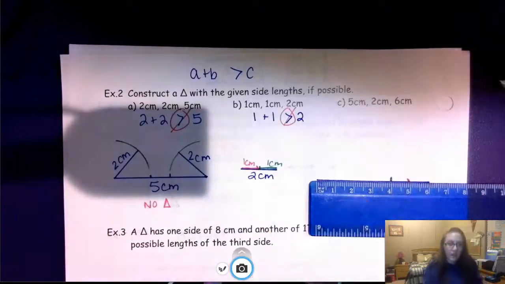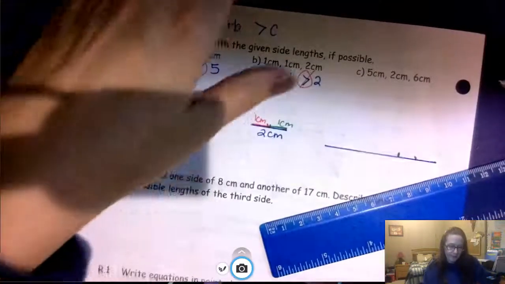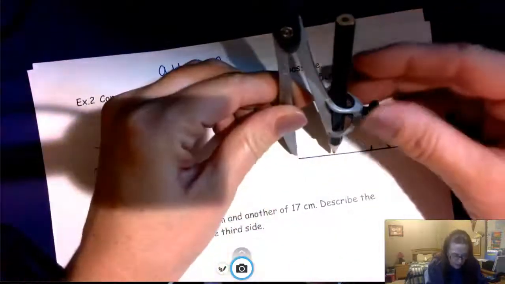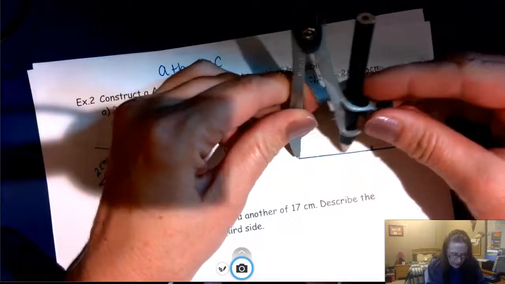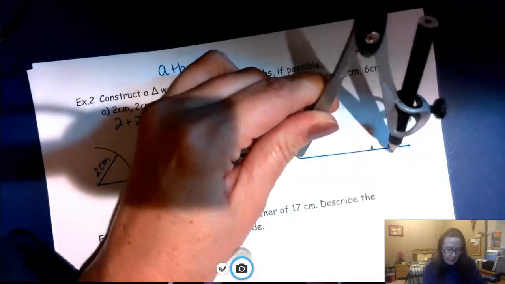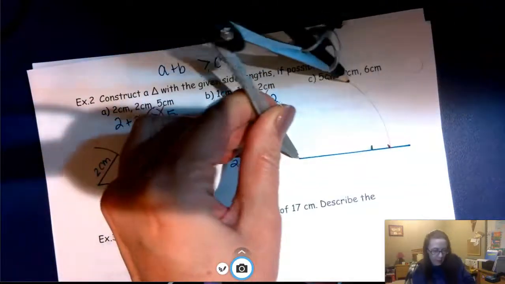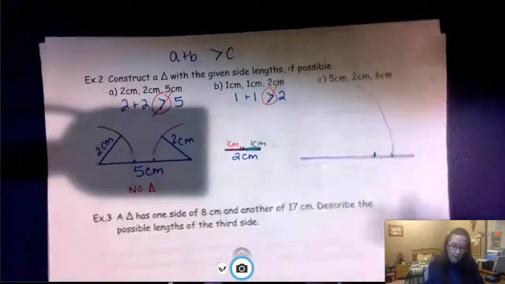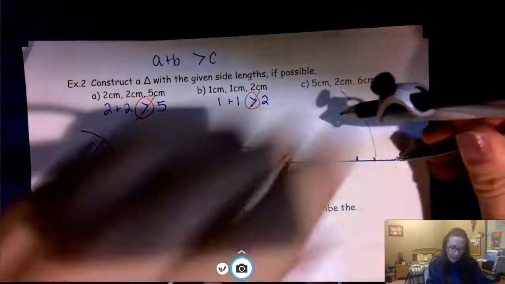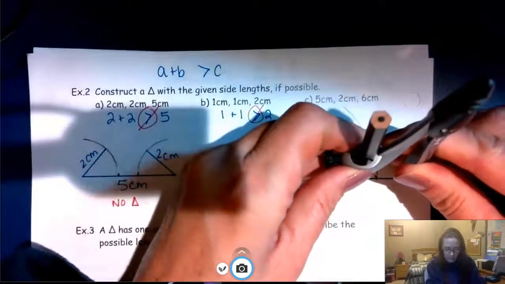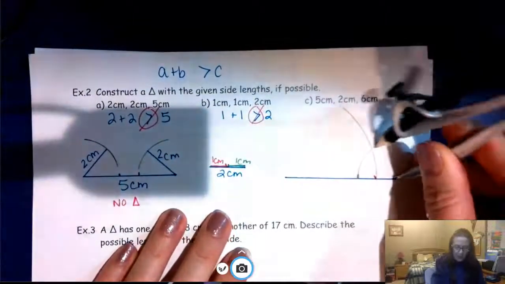So if I'm going to use my compass to create this, I'm going to come here to the end. I'm going to extend it 5 centimeters to here. Now if it's 5 centimeters, my arc is anywhere here. And now if I come to this side, I can create 2 centimeters, and my arc is going to be anywhere here.